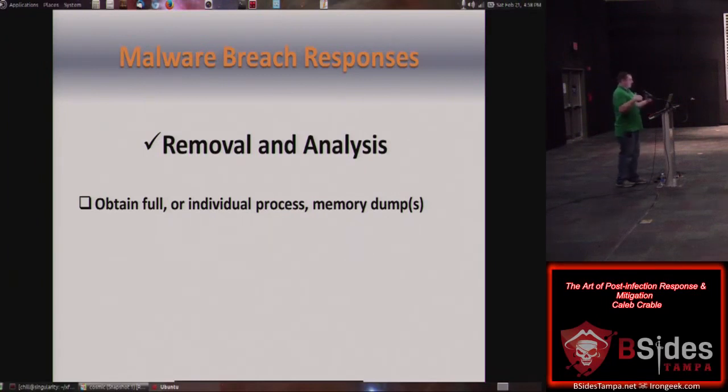But if you can't get a full memory dump, get individual process dumps. Don't just say, oh, I can't get a memory dump, and move on to something else. If you see Explorer.exe using like 700-800K, something's up. Dump the memory of that process, save it in your folder, and transfer it away.